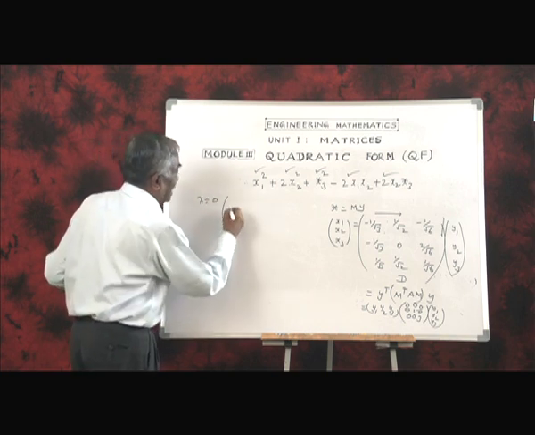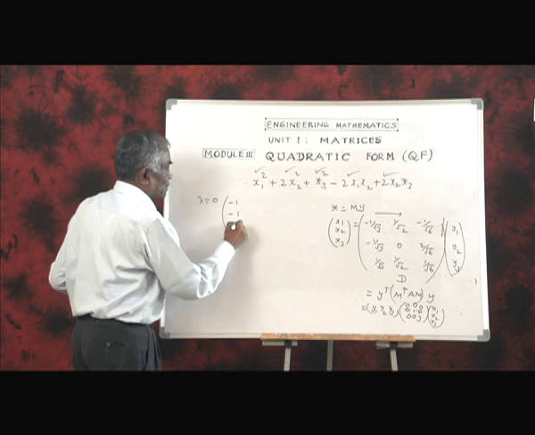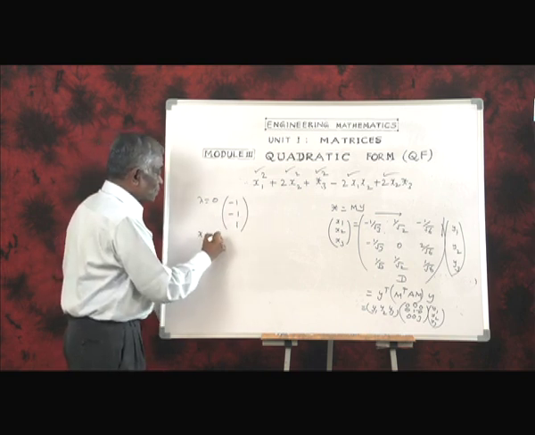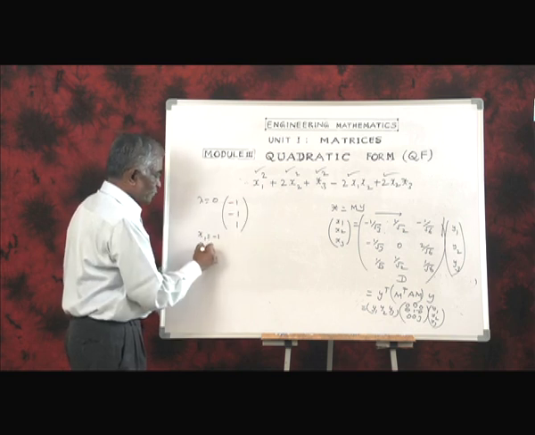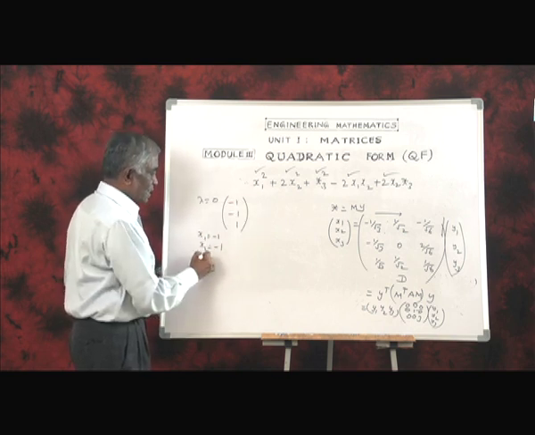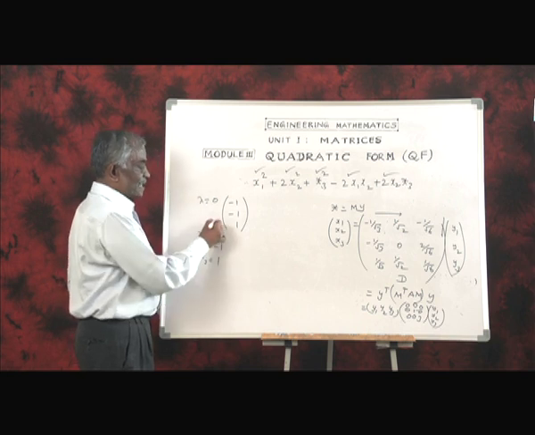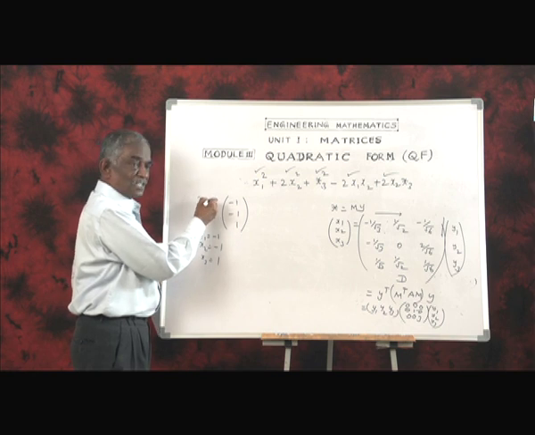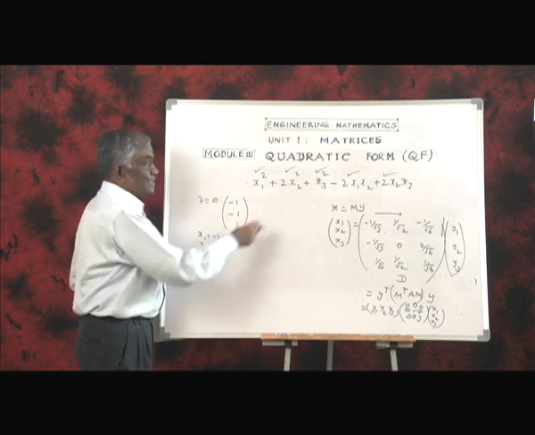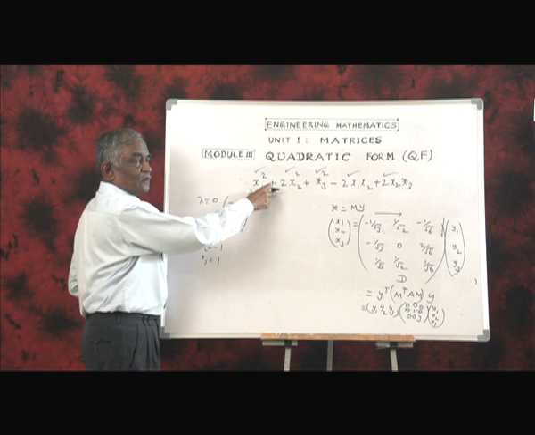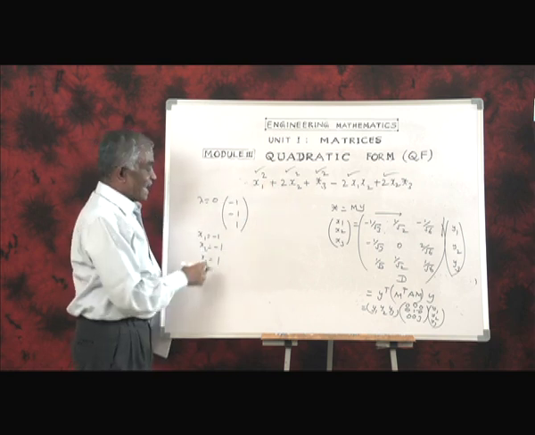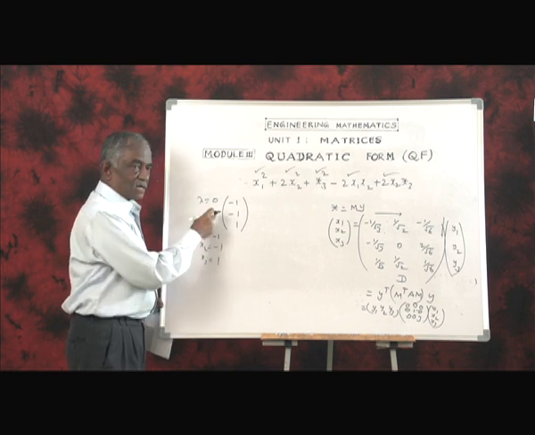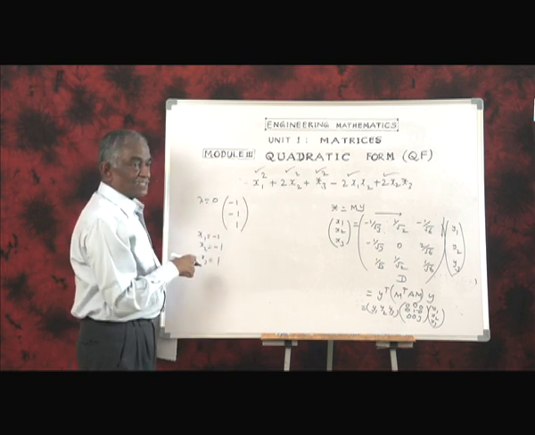We got the eigenvector as -1, -1, 1, remember. So if you substitute x1 is equal to -1, x2 is equal to -1, and x3 is equal to 1, which are the components of the eigenvector corresponding to the 0 eigenvalue, into the real given quadratic form, that will give 0. So the answer is x1 is equal to -1, x2 is equal to -1, x3 is equal to 1, the components of the eigenvector corresponding to lambda equal to 0.